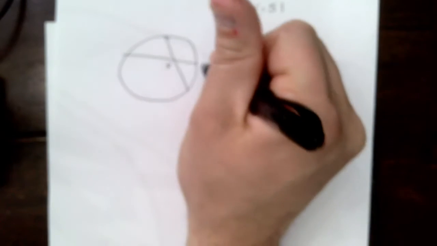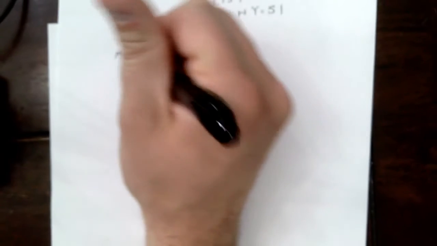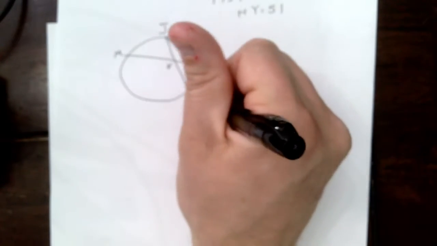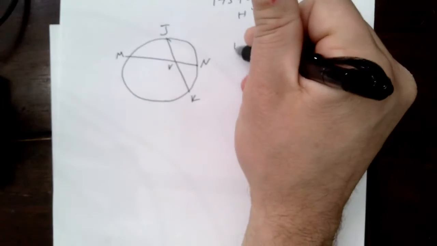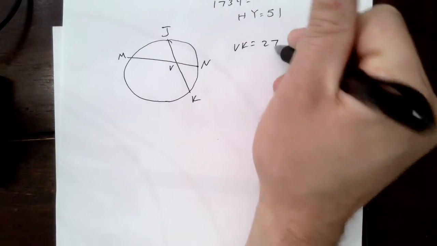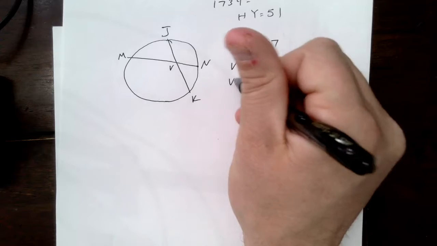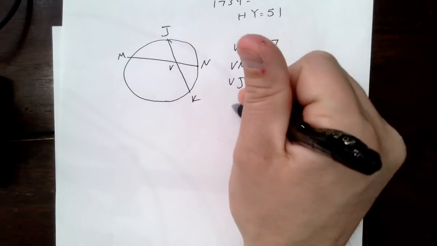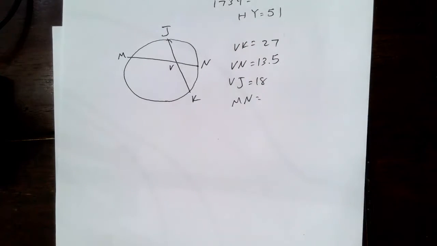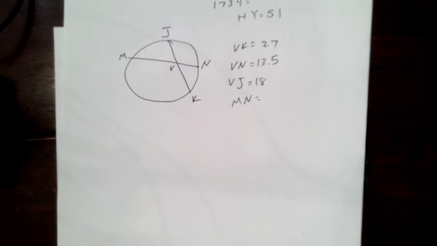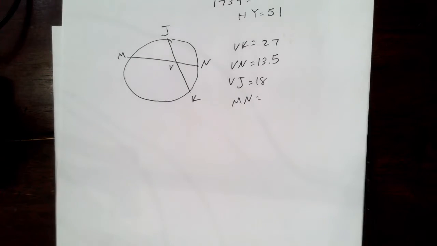This is V, N, M, J, K. The information they give to us, VK is 27, VN is 13.5, VJ is 18, and they want us to find MN. So, the formula, look back in your journal if you can't remember it, is, oh good, Tyson, good. You remembered the formula. Nice, man, nice.